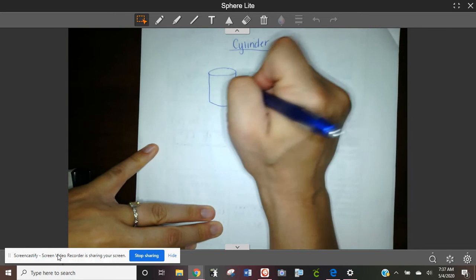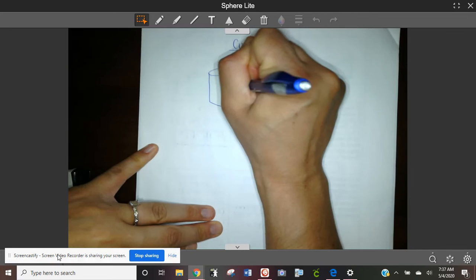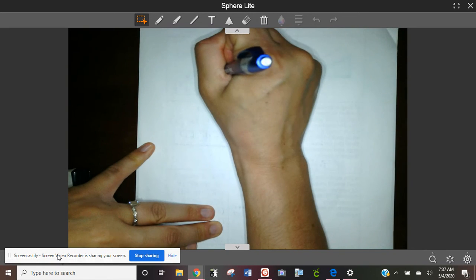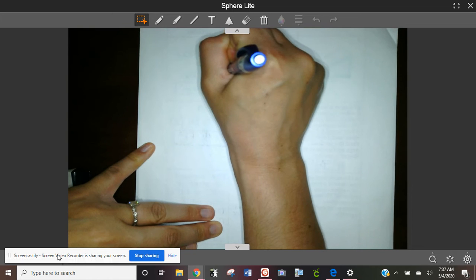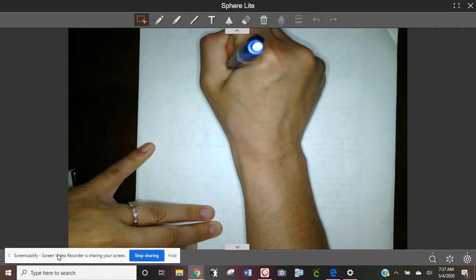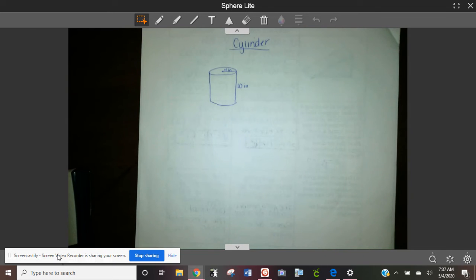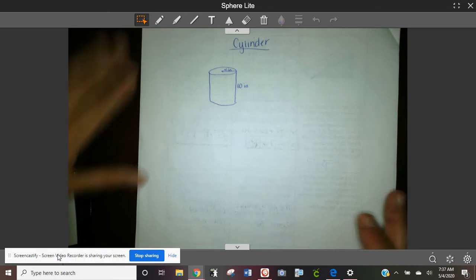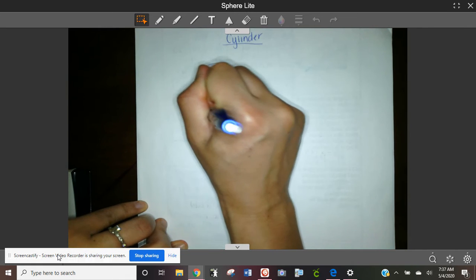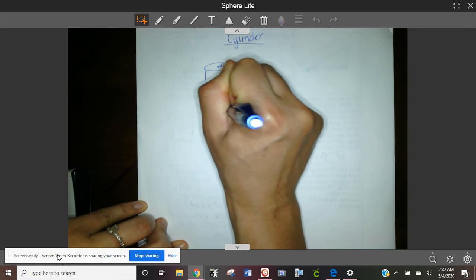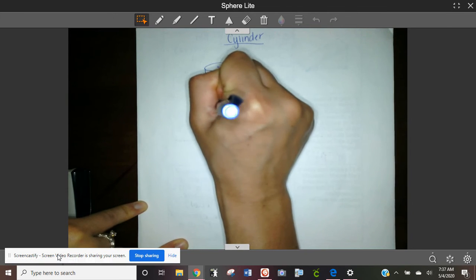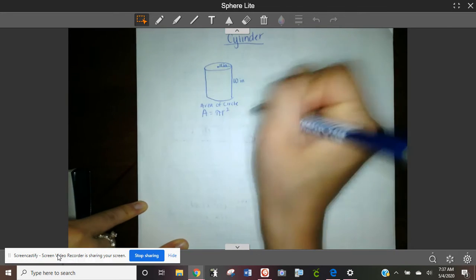Okay, so I'm going to tell you that the height, let's say, is 10 inches. And the radius of the can is going to be 4 inches. Okay? So, first thing to remember, the area of a circle is pi r squared. Okay? So that's area of a circle.